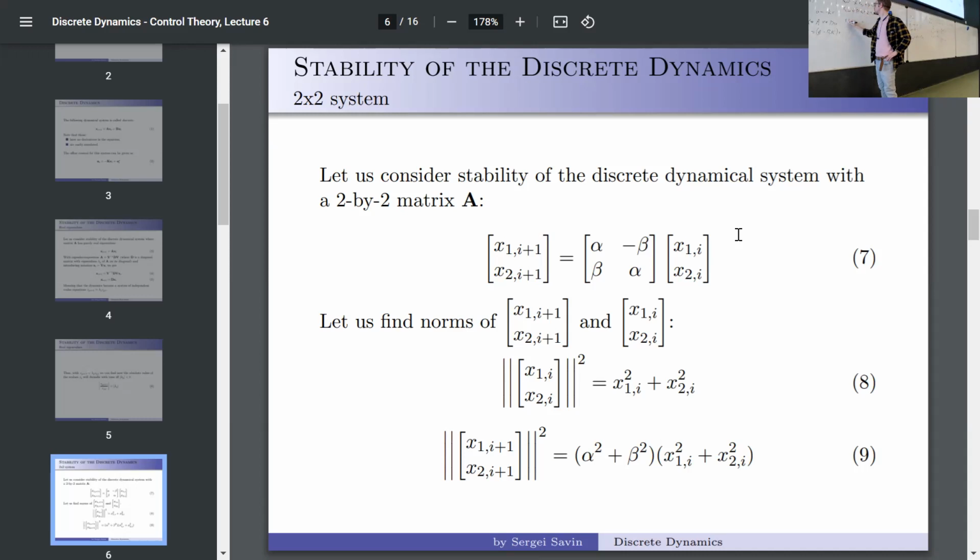Let's find the square. I'll open the brackets at once.